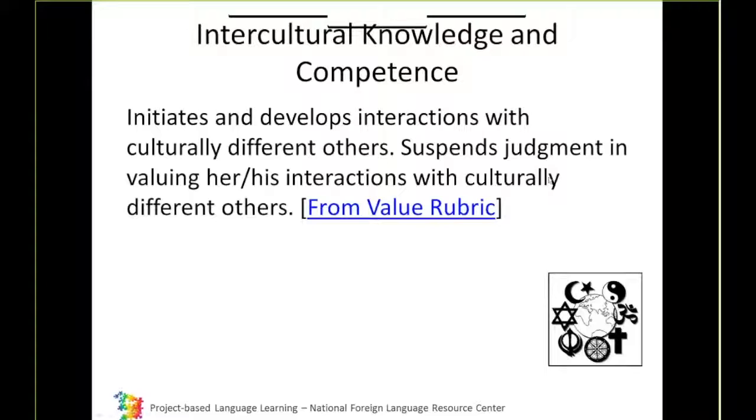So I think in terms of teaching students intercultural sensitivity and competence, suspending judgment is a very important outcome for our students to acquire, because the last thing we want is for our students to form cultural stereotypes. So this is a very important outcome.